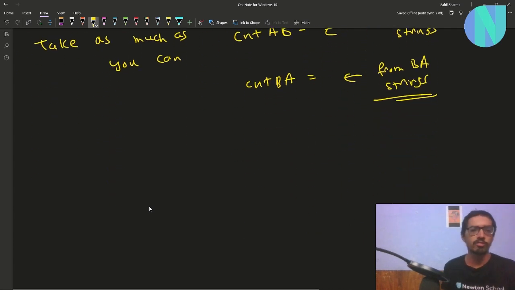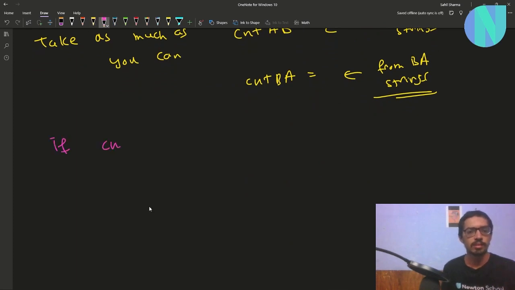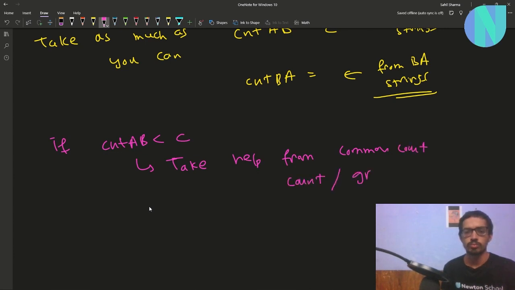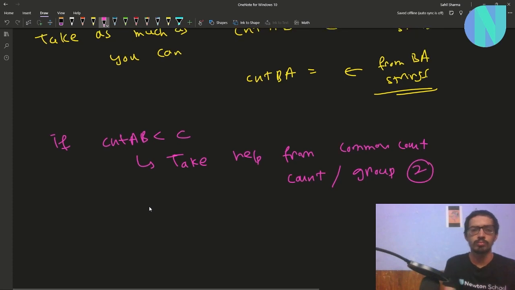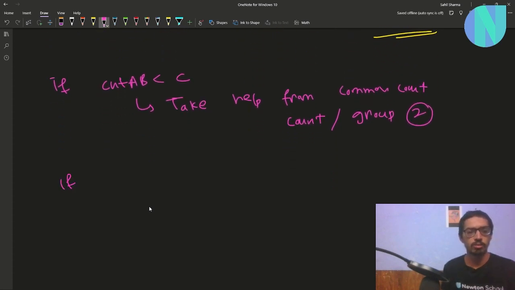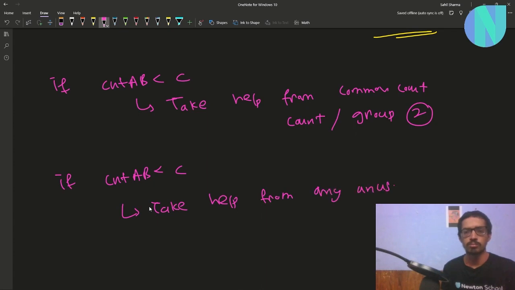Now if count of AB is still less than C, take help from common count or group 2. Otherwise, if count AB is still less than C, take help from any unused group 3 BA strings.